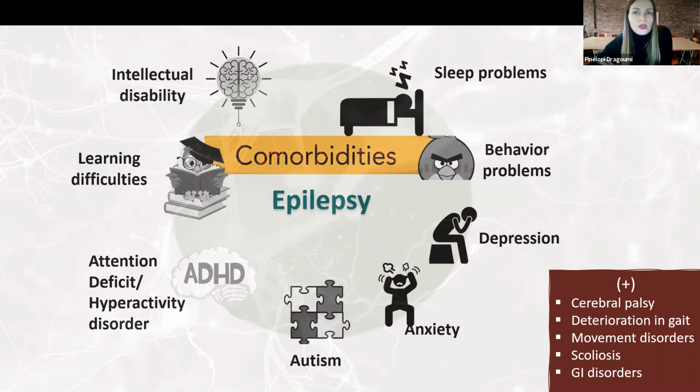But of course, when we have to deal with epileptic encephalopathies, then we do have other comorbidities with cerebral palsy or movement disorders and problems with nutrition. It is important to think of the epilepsy as a whole and not just seizures.